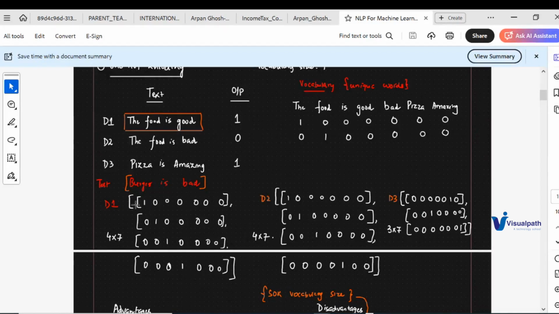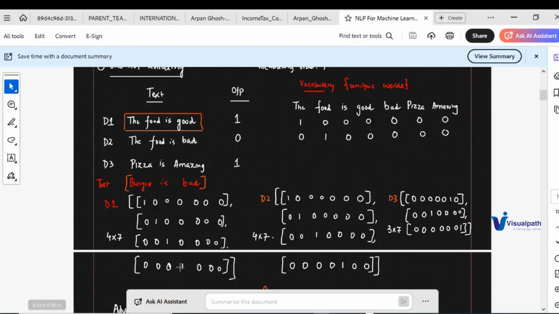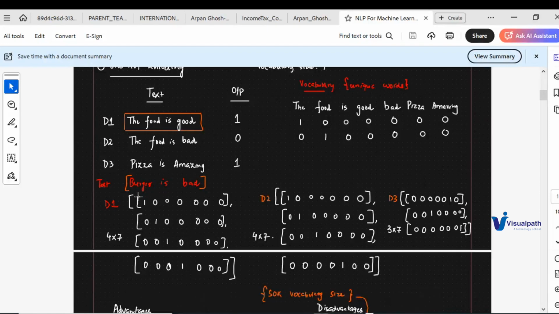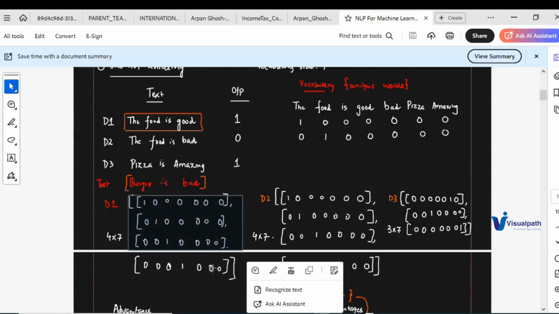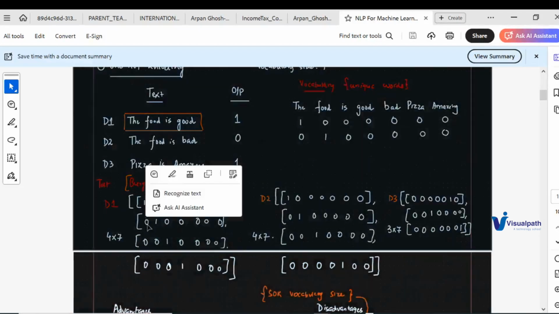The is represented by 1000000 because the is the first word, rest are zero. Food is the second word, so 0100000. Is is the third word, 0010000. Then good is the fourth word, 0001000. So my entire D1 is represented by this 4 cross 7 matrix.